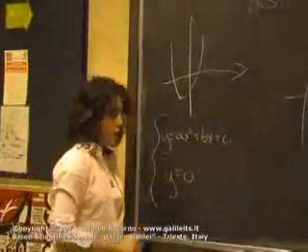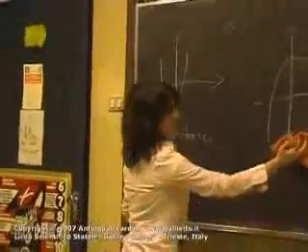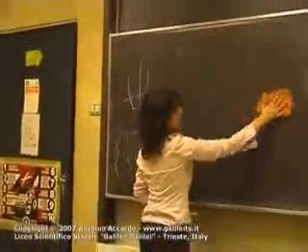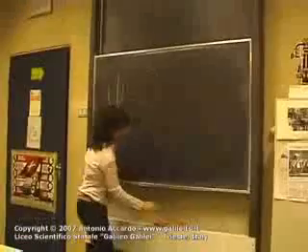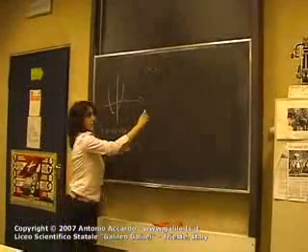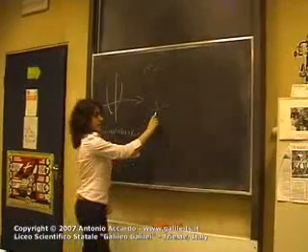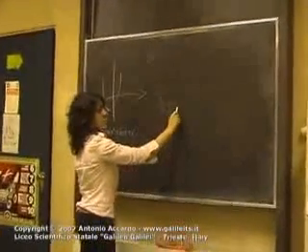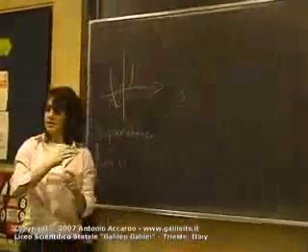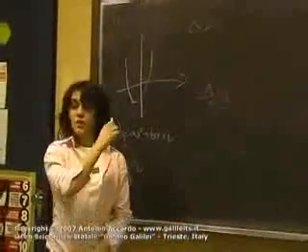We will find that we are solving a second degree equation, and we will have, if delta is positive, two real solutions, x1 and x2, which represent the intersection points of the parabola with the x-axis.